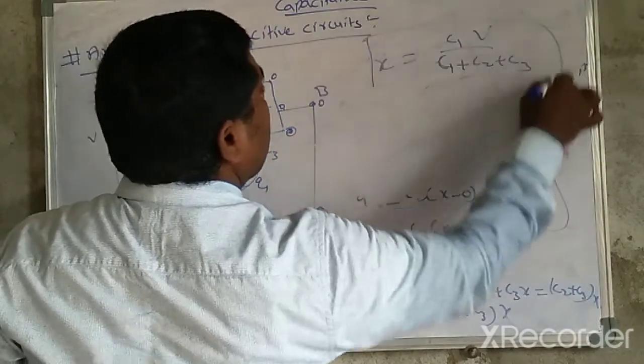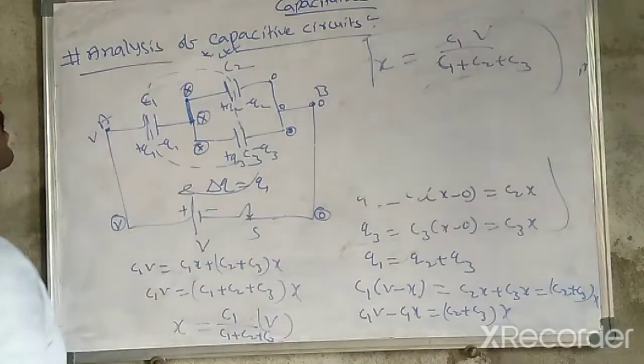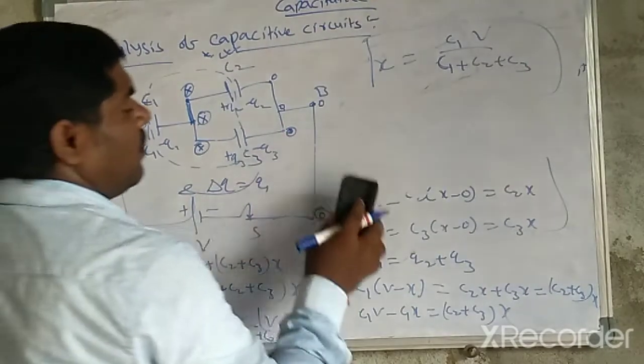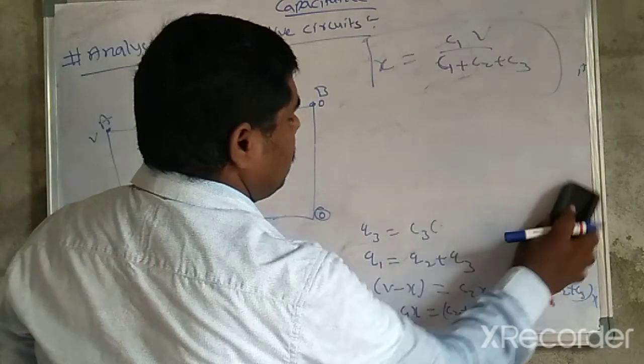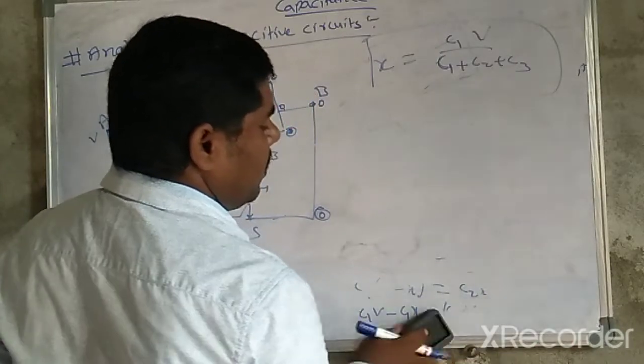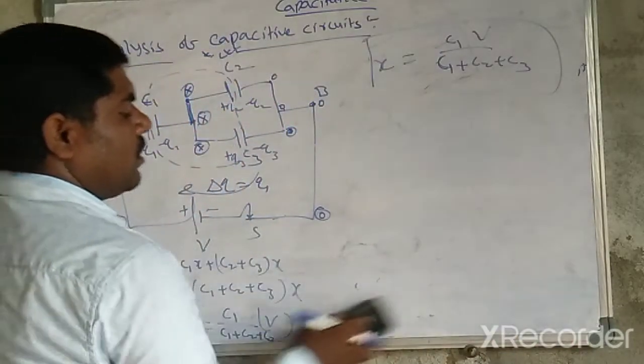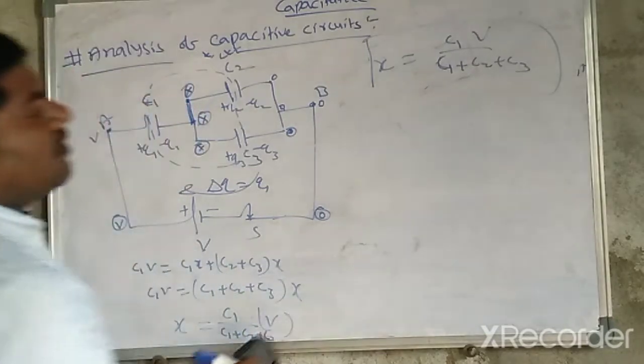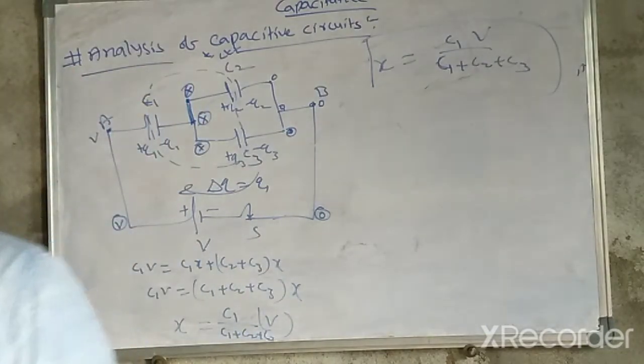So this is the potential at X, you may find it like this. This analysis is very important. This method you may follow.